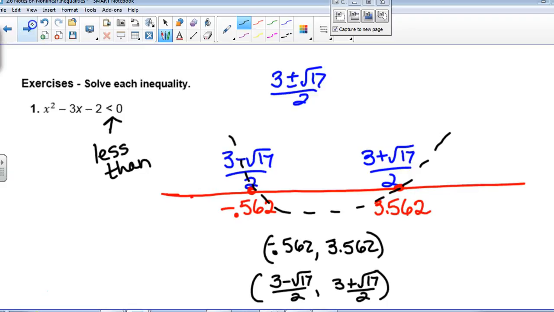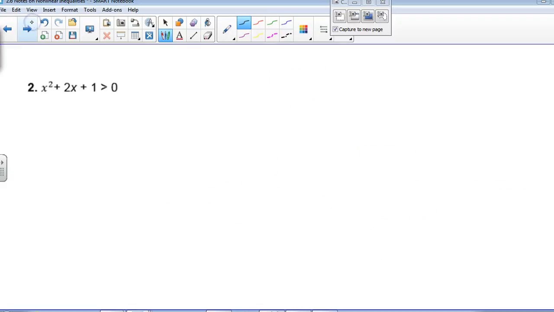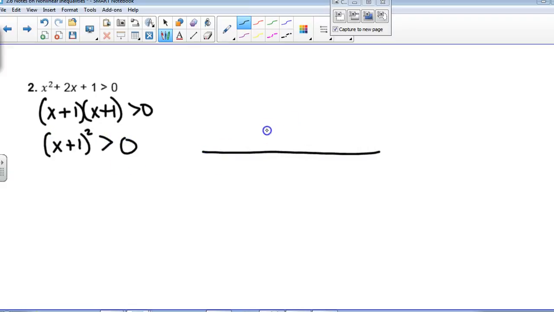All right, let's try one that's not so ugly. Number 2. Does that factor? X plus 1, x plus 1. What does that tell you? It bounces at -1. Well, what does that mean? Is this opening up or down? It's opening up and it bounces, which means its vertex is actually at -1.